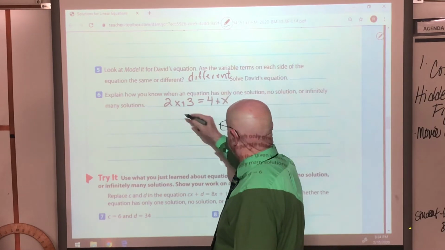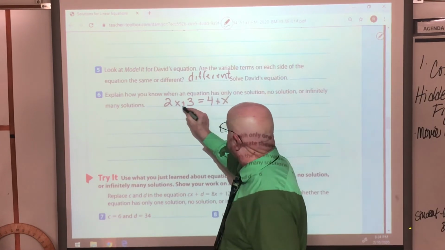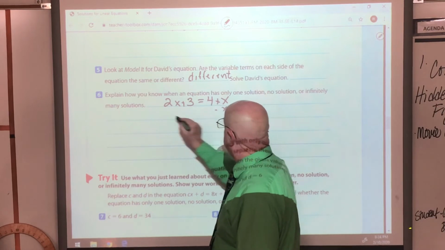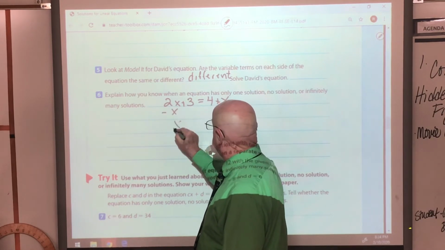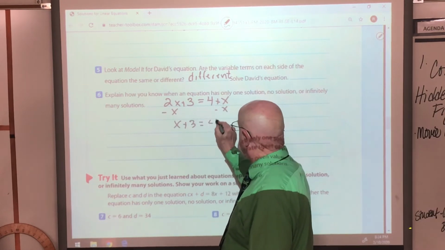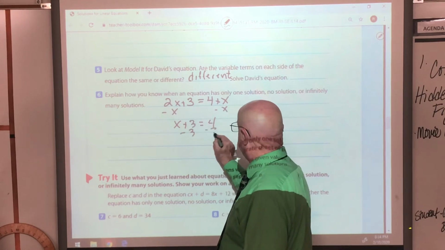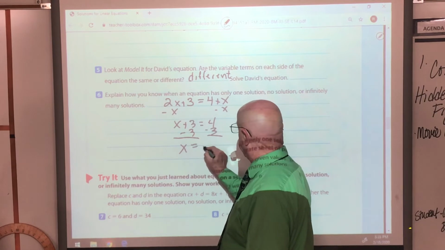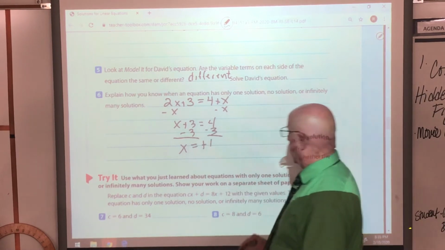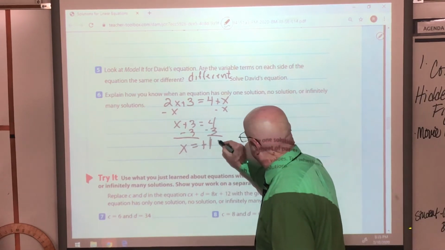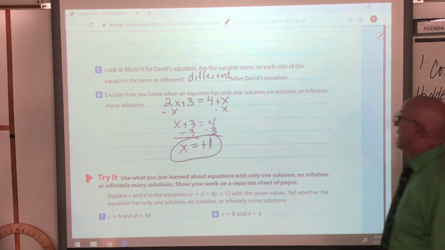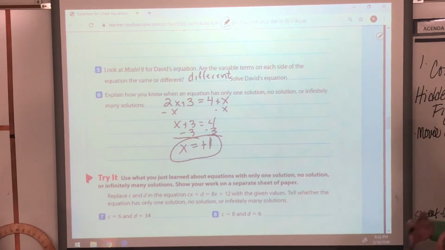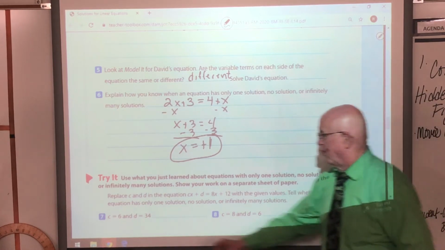We solved it on the first page anyways, but we'll do it again right here. We'll take x from this side. We get x plus 3 is equal to 4. Take 3 from both sides and get x is equal to positive 1. That's our solution. It's going to have only one solution.